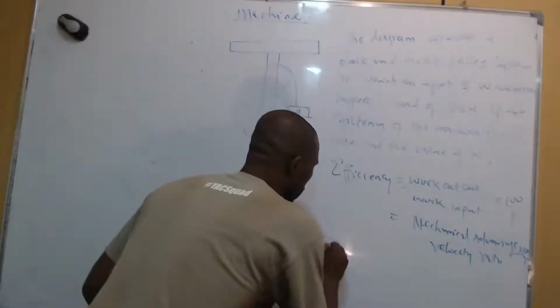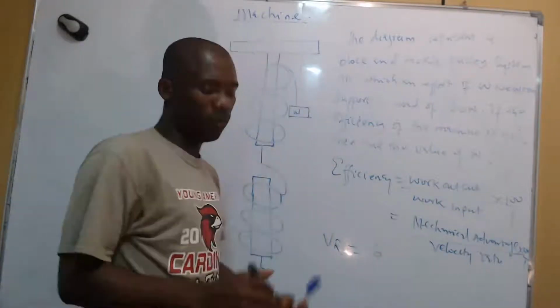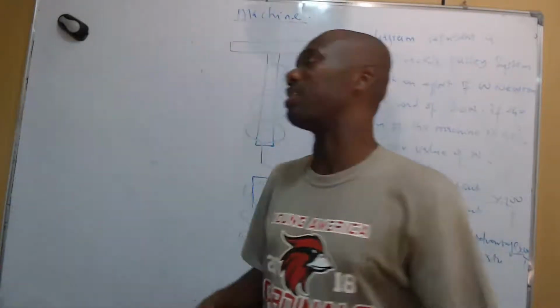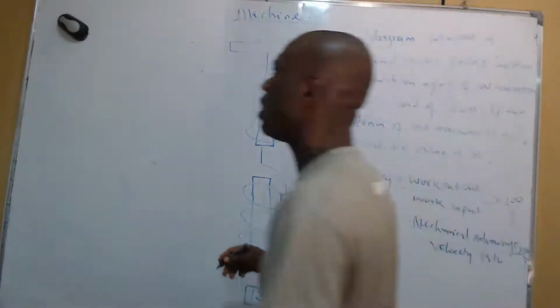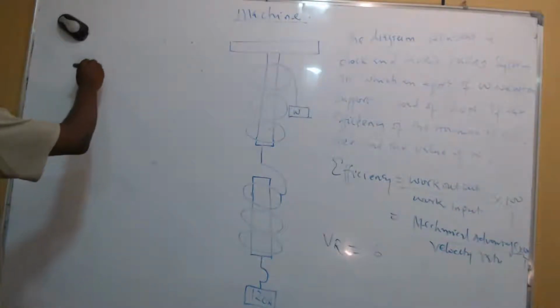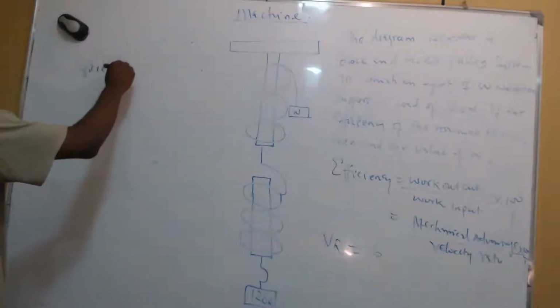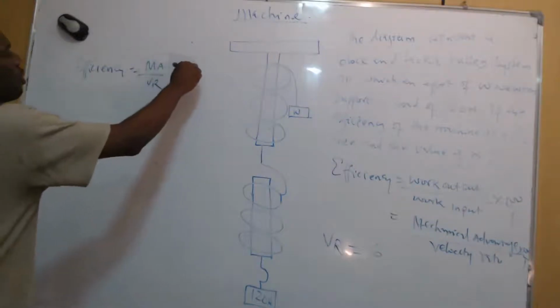So our velocity ratio VR is equal to what? 6. And velocity ratio, since it's a ratio, it is dimensionless, so it doesn't have any unit. So efficiency of such machine will be equal to mechanical advantage over VR times 100 over 1.